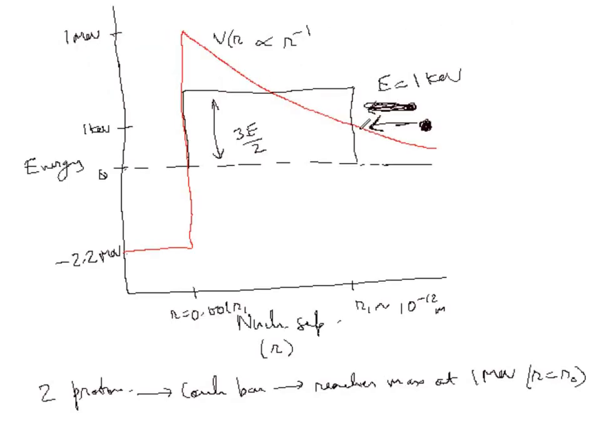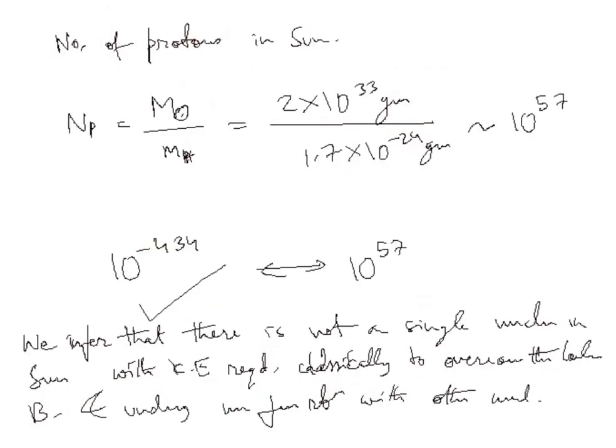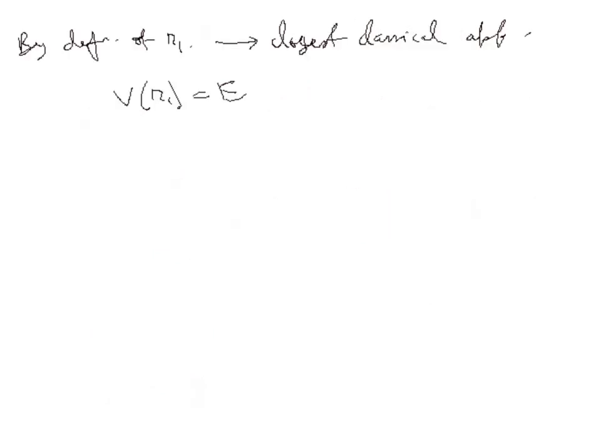Look here, these two are equal. So we can write V at r is equal to E R1 divided by r. I am just using this fact.